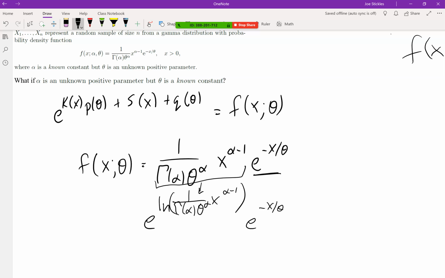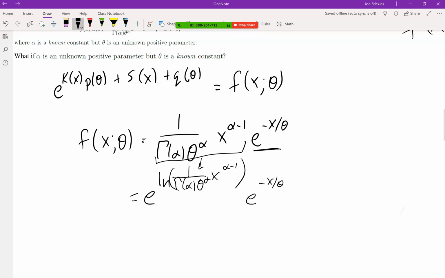And then combining our things together, so that we can see if we can rewrite it in that exponential form, if we can split it apart the way the form says we need to.